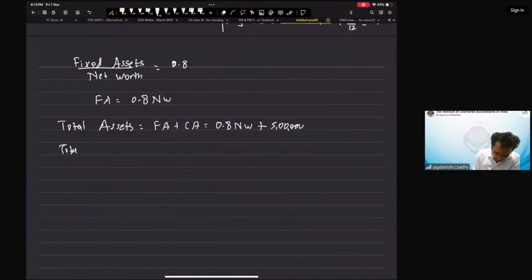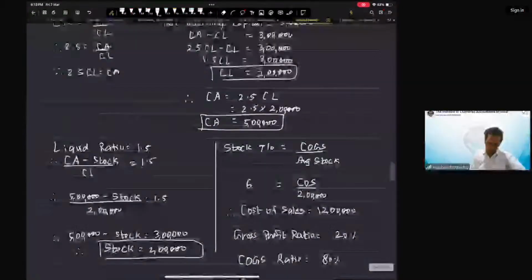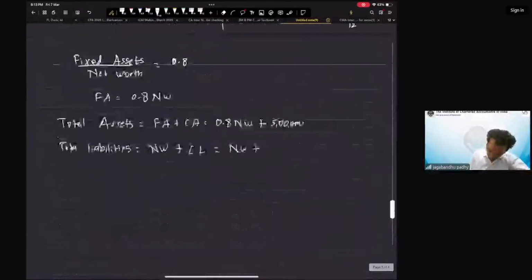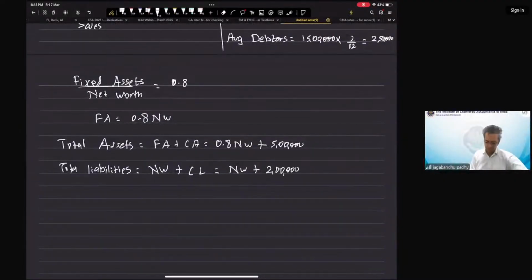Then total liabilities will be net worth plus current liability amount, which is 2 lakh.